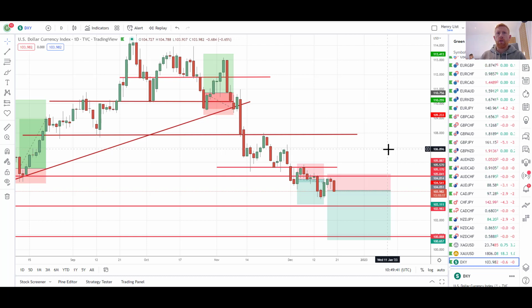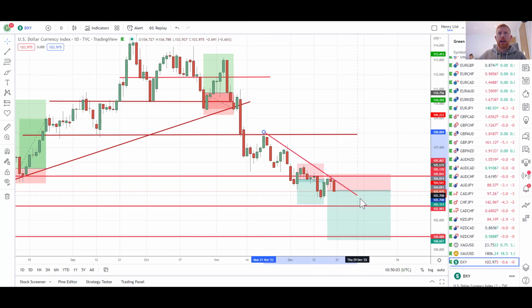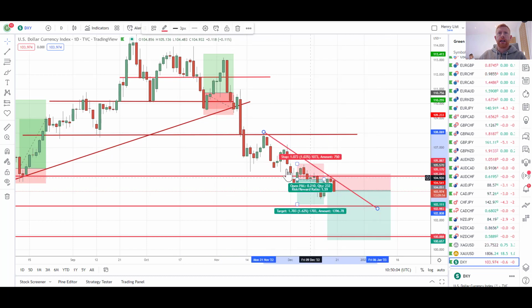But overall, the sentiment across trading sectors says going into the new year, we expect euro to get stronger and we expect US dollar to continue with its weakness. So this here would work hand in hand with that particular thesis, and we will see little opportunities the likes of that.